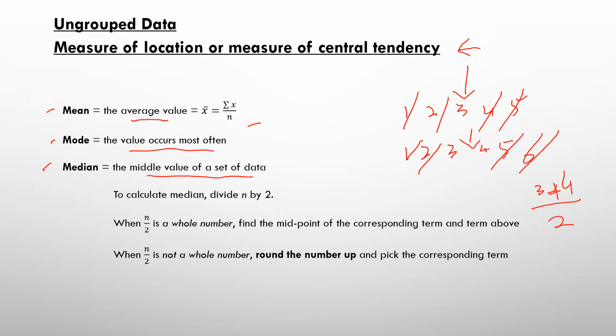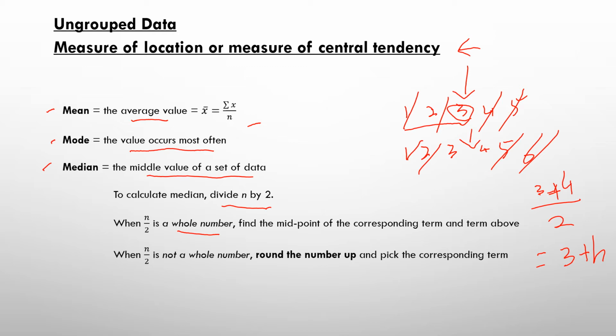Okay, so to calculate the median, you have to divide n by 2. First, when n divided by 2 is a whole number, let's say after you divide, you get 3. So the third value will be the median. From this we can see 1, 2, 3. This is the third value.